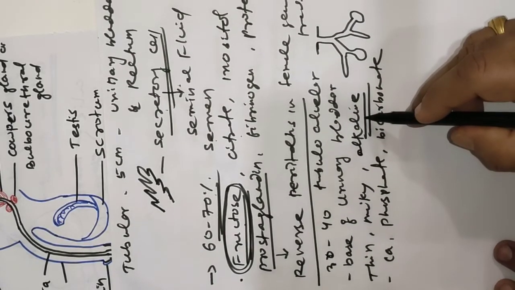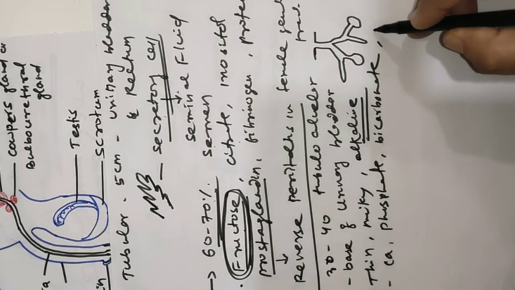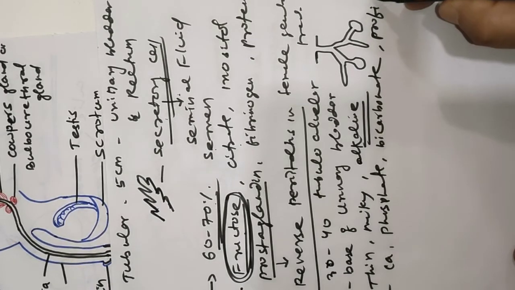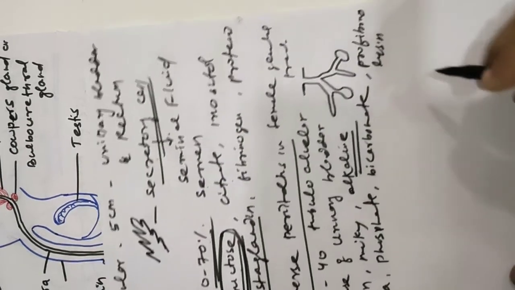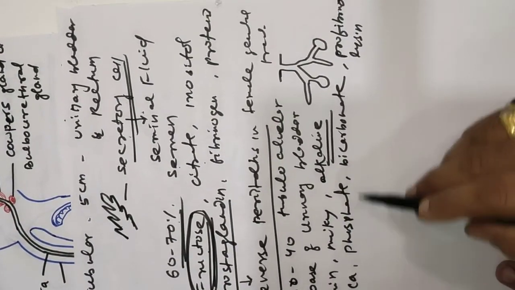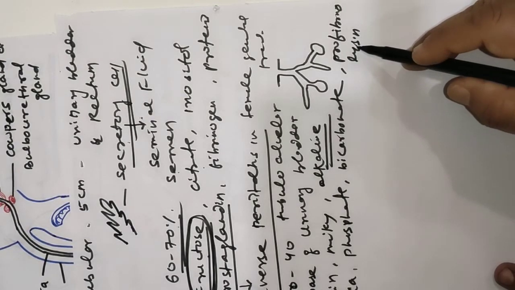Bicarbonate gives alkalinity. It also contains clotting enzymes and profibrinolysin. It contains calcium phosphate, bicarbonate and profibrinolysin.